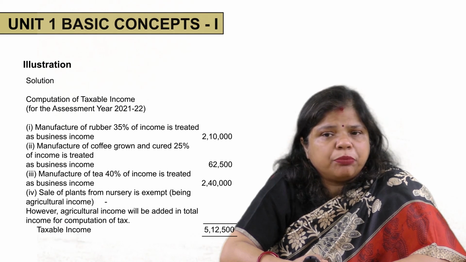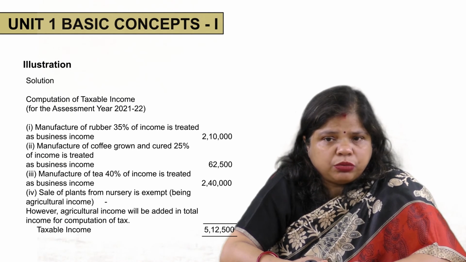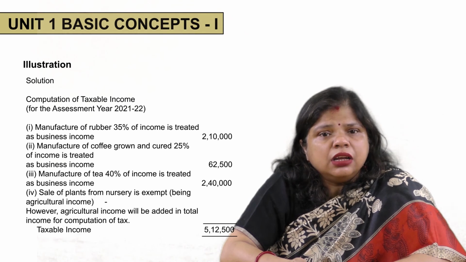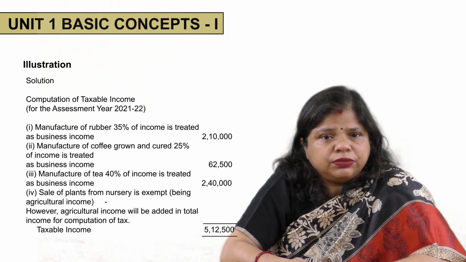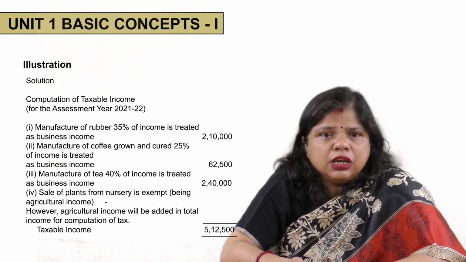You are requested to compute the taxable income for assessment year 21-22. Manufacture of rubber is 6 lakh, manufacture of coffee grown and cured 2,50,000, manufacture of tea is 6 lakh, sale of plants from nursery is 1 lakh.